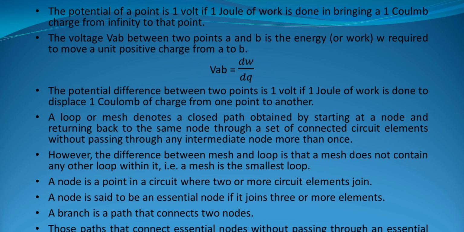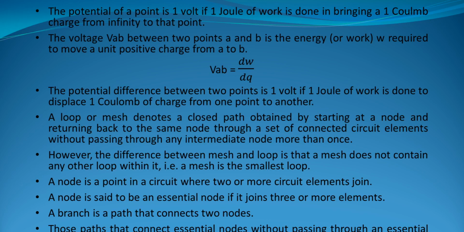Okay, so the 1 volt potential is with reference to a certain point, which is the earth or the reference point. Then the second point, the voltage VAB. This should be capital V, and in suffix it should be AB, where A and B are the points we are talking about.